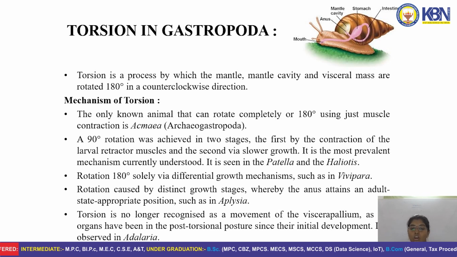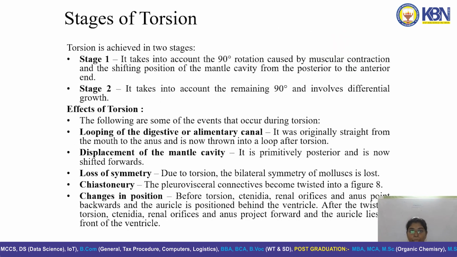Torsion is no longer recognized as a movement of the viscera and pallium, as organs have been in the post-torsional posture since their initial development. It is observed in Adalaria. Next, stages of torsion. Torsion is achieved in two stages.